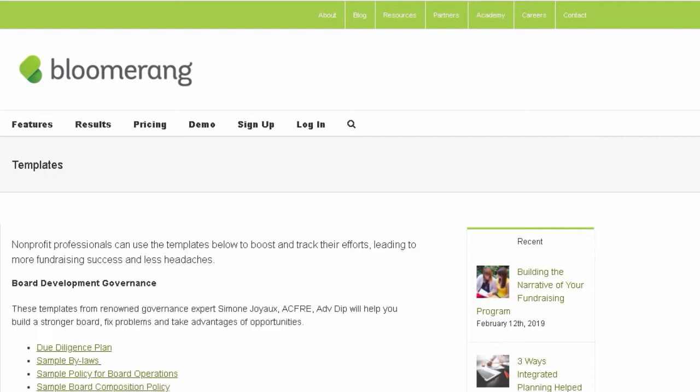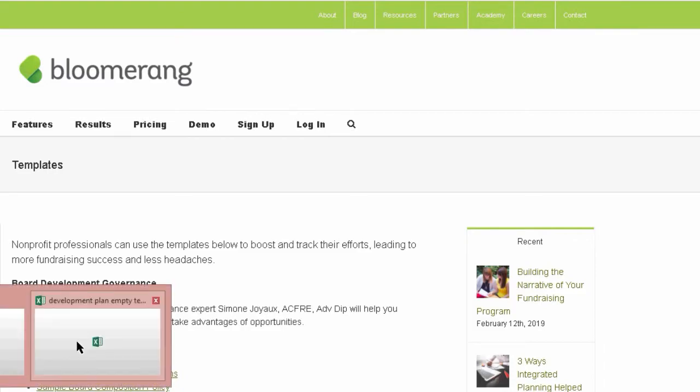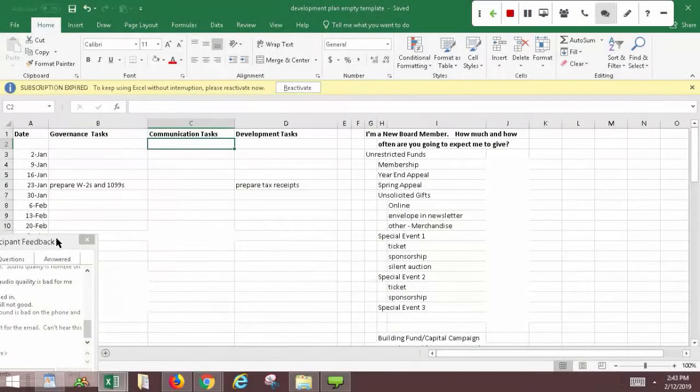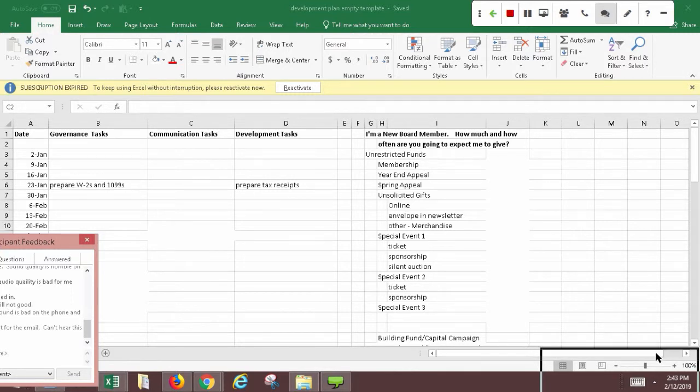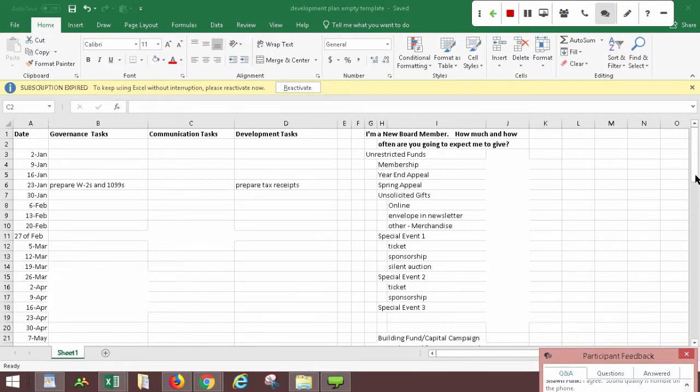So I'm going to open up right now the empty template that I'm going to be sending you later today that we're going to fill out as we go through today's session.